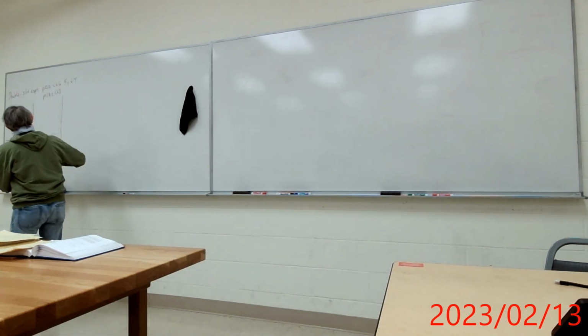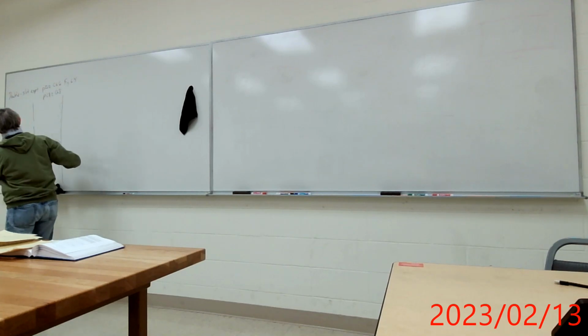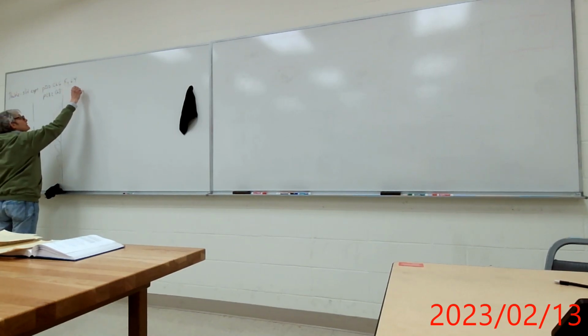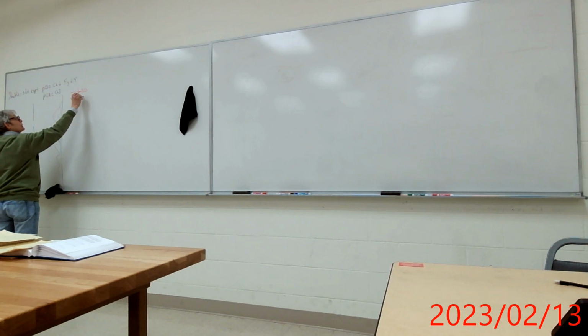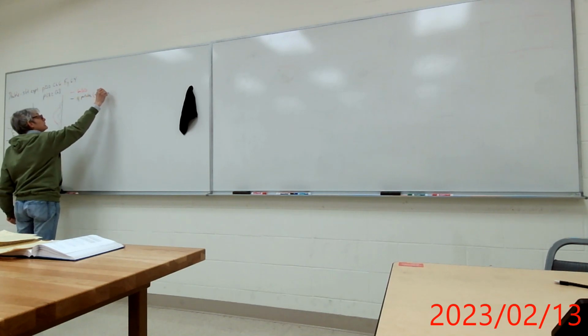Well, you'd get a peak centered opposite this slit here, and a peak opposite this slit here. That's what you'd get if they were bullets. So this is bullets, and this is quantum particles exhibiting interference.